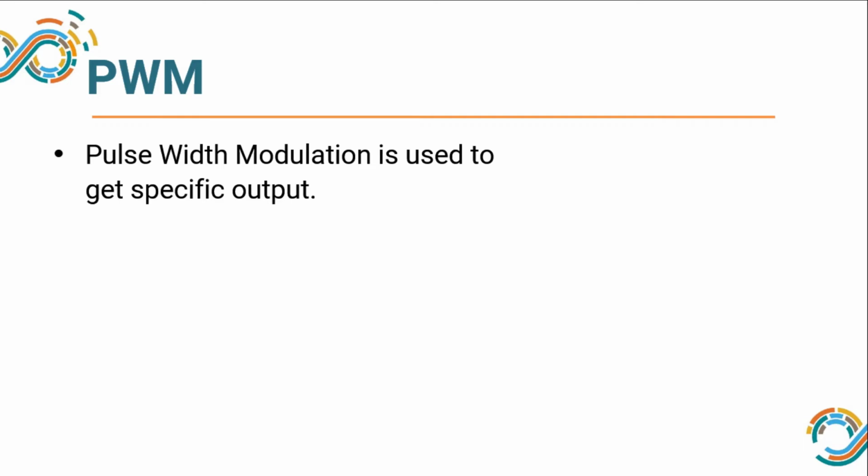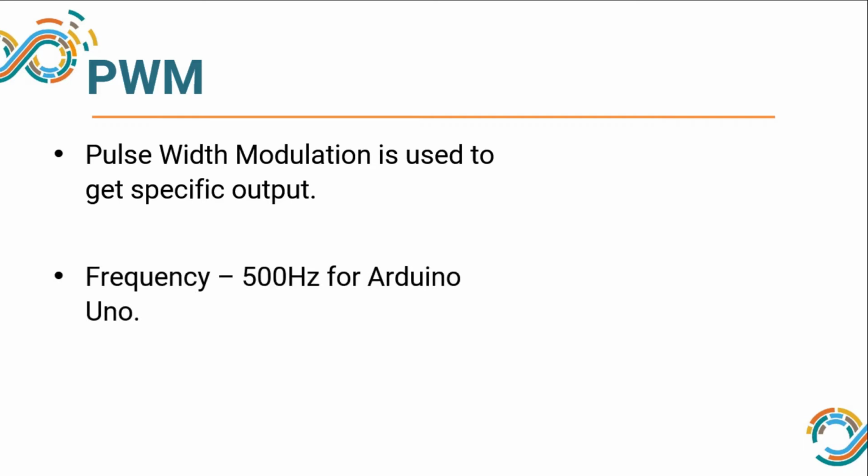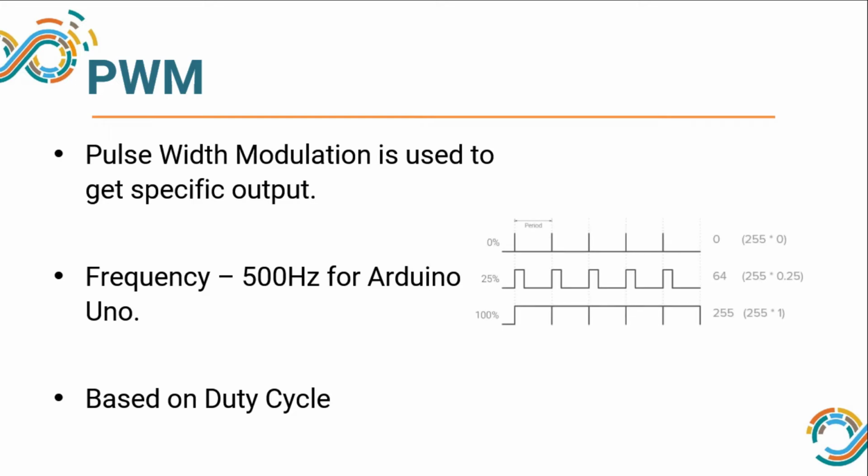The next category is PWM, pulse width modulation. Here we have a frequency of 500 Hz on Arduino Uno, and it is based on a concept of duty cycle. So what does all of this mean? Consider these three waveforms. In the first waveform, our output is high only for a moment and then it is always low.